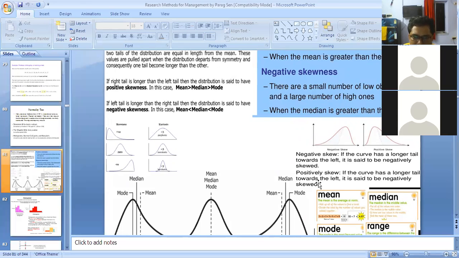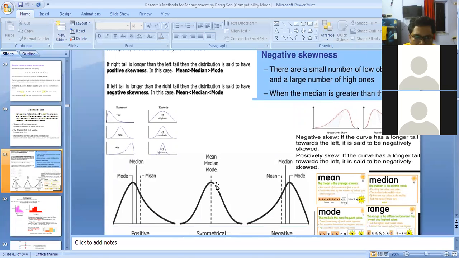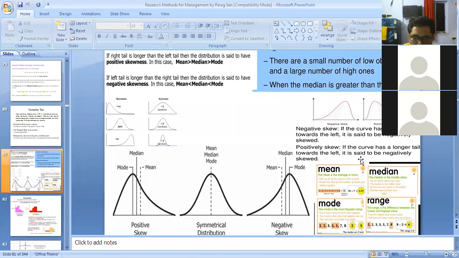It is positively skewed, so the definition should be corrected. The definition is that if the curve has a longer tail towards the right, it is said to be positively skewed.